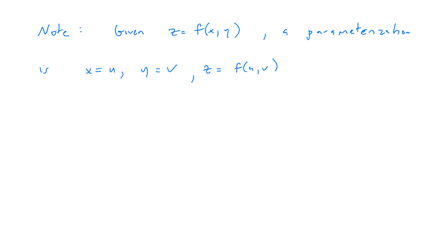And then z will be f of u, v, and therefore there is our parameterization. So there's our u, our r. So z equal to f of x, y is the same as this r. They're given the same picture, which is that we've introduced, in some sense, new variables.